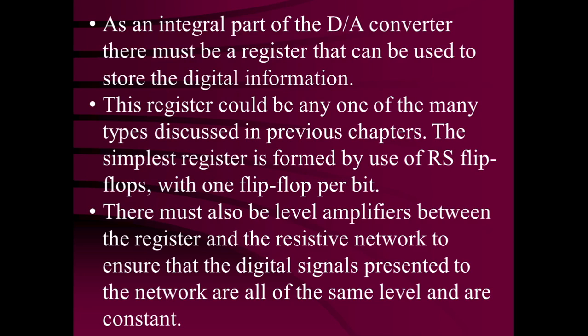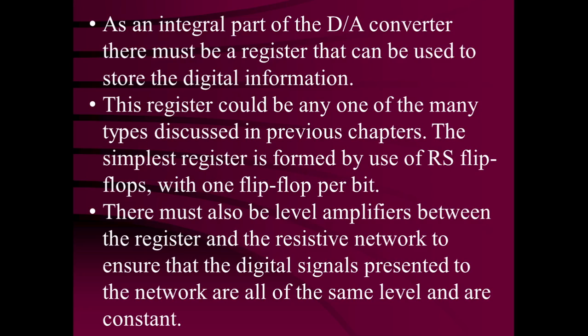There must also be a level amplifier between the register and the resistive network to ensure that digital signals presented to the network are of the same level and are constant. So one more thing, because we know that from the flip-flop output, when the output is going to be high, it need not be constantly 5 volt. It can be anything from 2.4 volt to 3.9 volt.